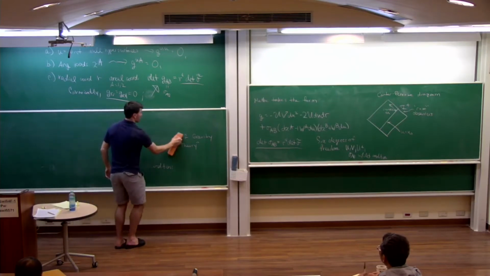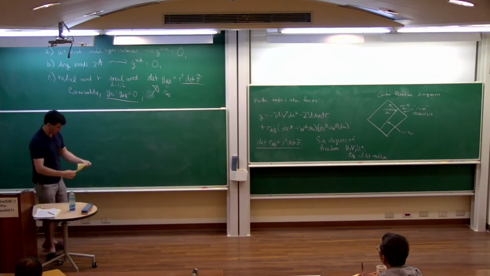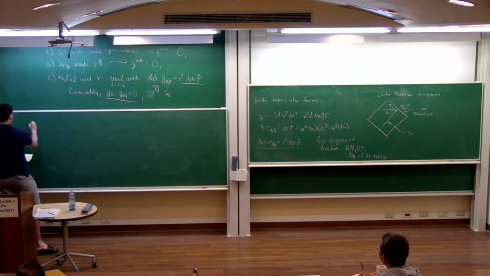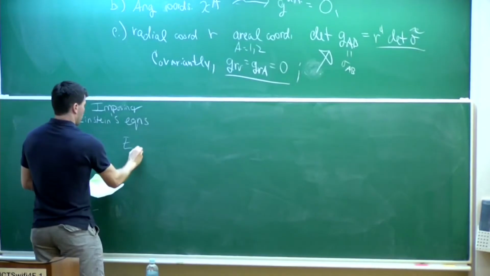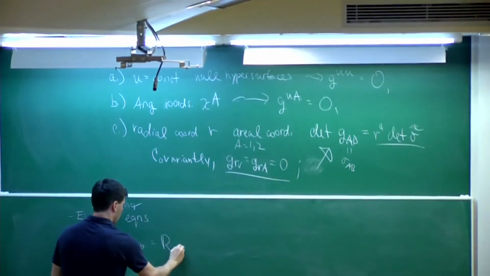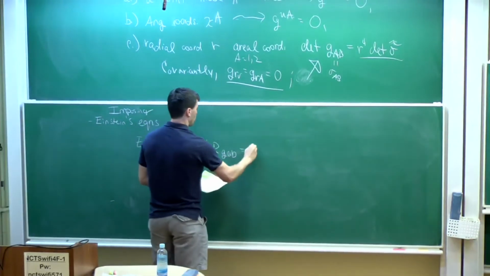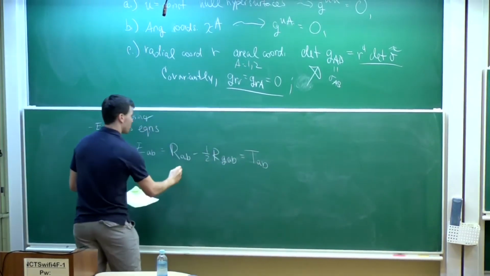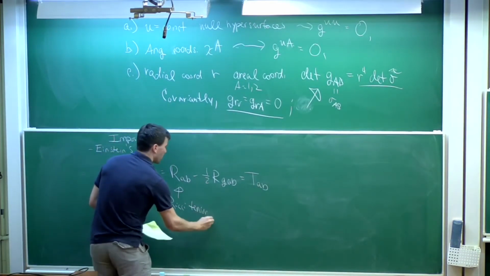All right, so we've imposed this gauge condition on our smooth manifold. And now let's impose Einstein's equations as well. Sorry, just to remind you, this is the Ricci tensor.